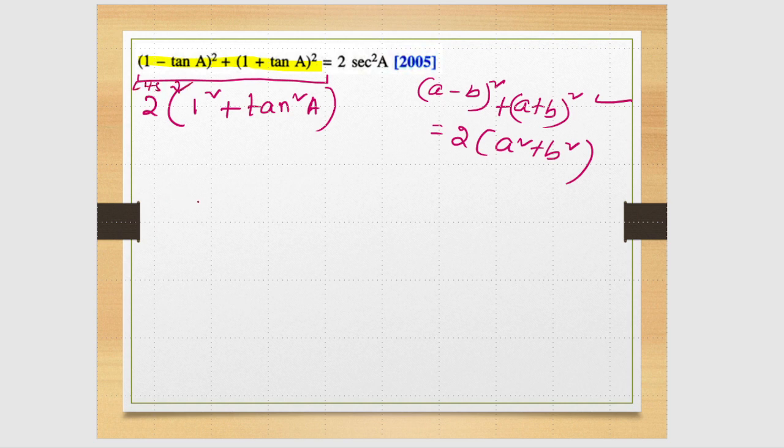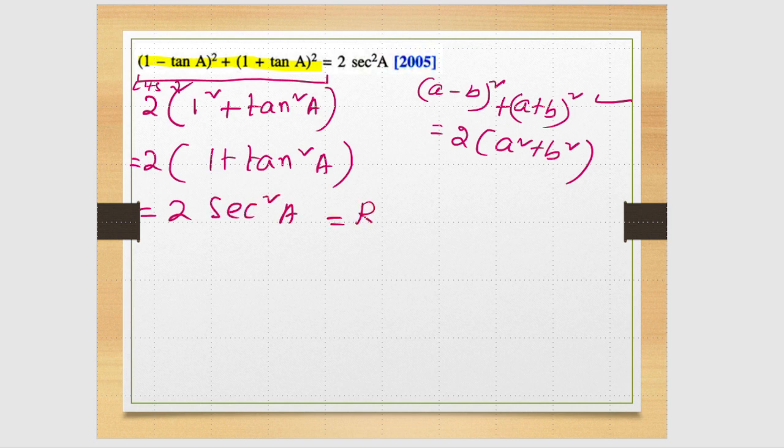So now you see 2 into (1 plus tan square A), because 1 square is 1. Now see what this is. This is nothing but 2 sec square A, and this is your RHS. Okay, and proved. See, in only 2 steps you solved the problem using the algebraic formula. So everything you read in your 8th, 9th classes is very useful to solve the problems easily.